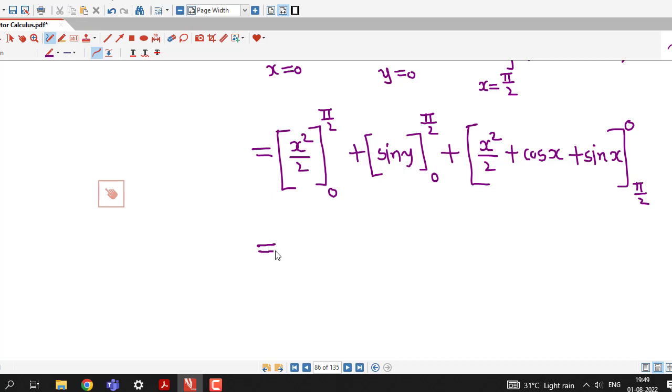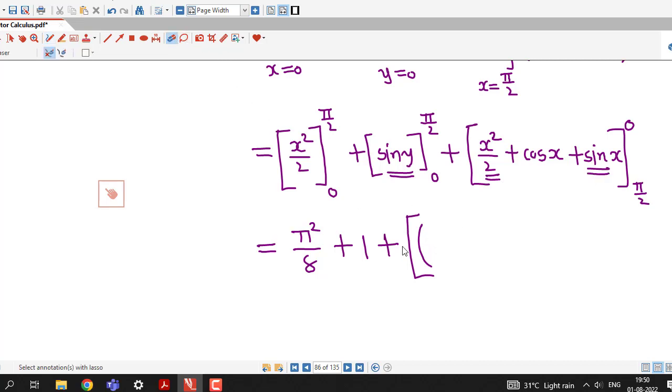Now we substitute values of upper limit and lower limit. For this, upper limit is pi by 2, lower limit is 0. And here we have square of x, therefore we will have pi square by 4 divided by 2, that is pi square by 8. Here upper limit is pi by 2 and sin pi by 2 is 1 minus sin 0 is 0, plus here upper limit is 0, so this is going to be 0, sin 0 is 0, and we have cos 0 equal to 1.